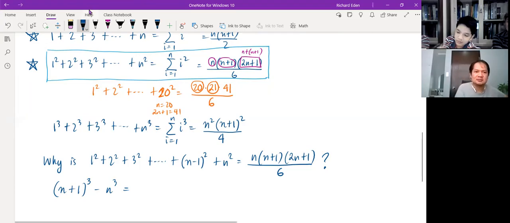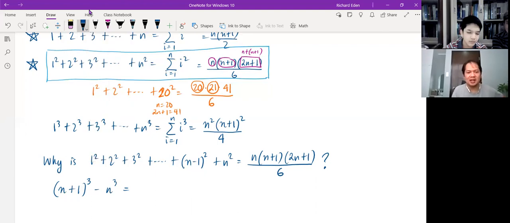All right. So ito, n plus 1 cubed. I'm just gonna illustrate the argument, the proof. For now, medyo siguro malabo pa. Where am I gonna bring this to? But ako dito nagsisimula. All right.